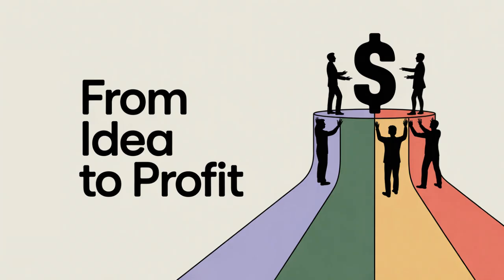Examples for startups. App development. For most tech startups, this will be the core activity. Coding, interface design, testing, releasing new versions. Manufacturing. If you produce physical goods, this will be the entire cycle from raw material procurement to assembly and quality control.